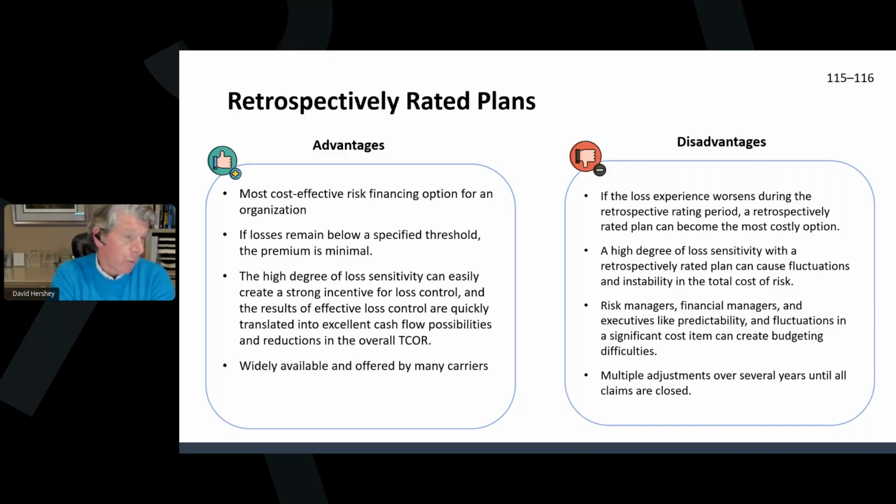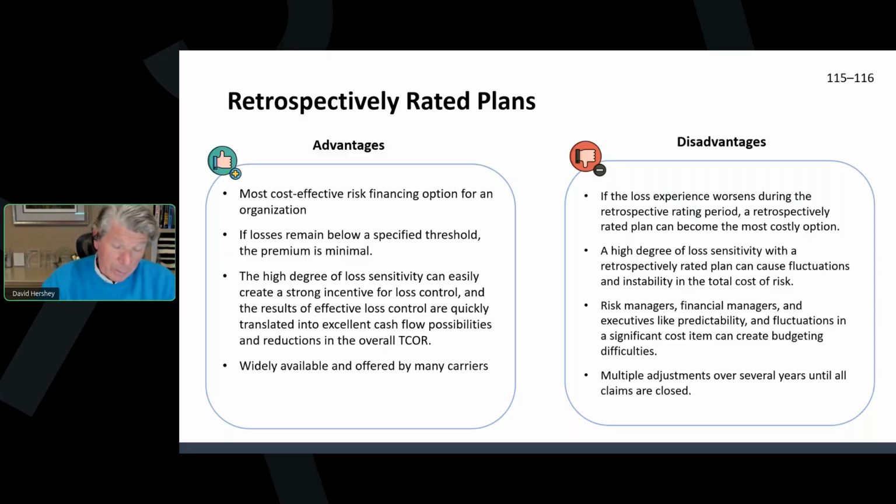If our mod ends up going to 3.0, we'll just reorganize under a new name, my son or daughter will be the new president, and we go back to 1.0. So a retro plan is a way that potentially forces the loss control religion on a business owner or a business that doesn't really care about their loss results.